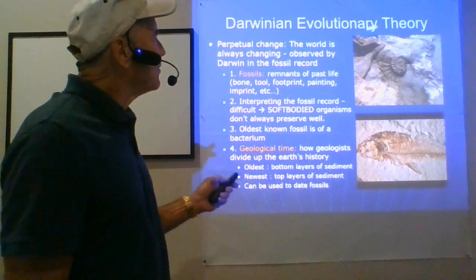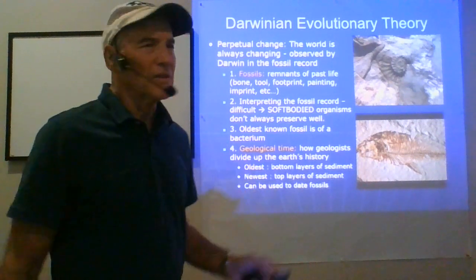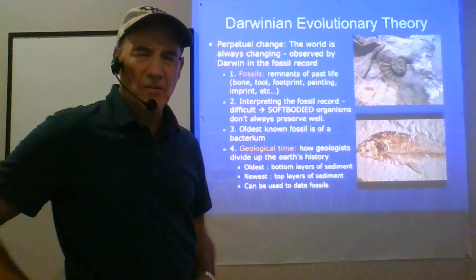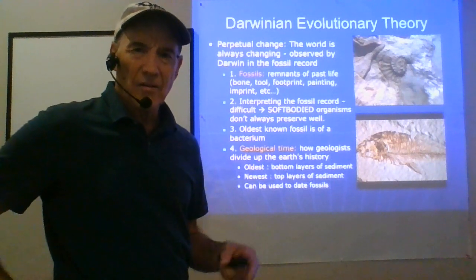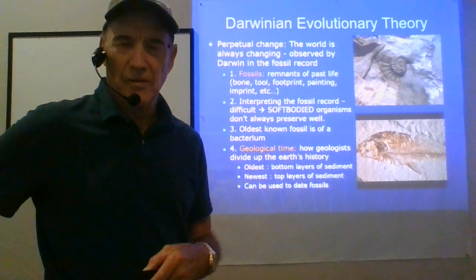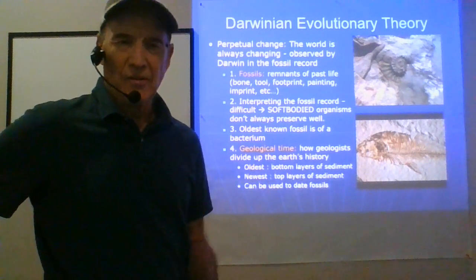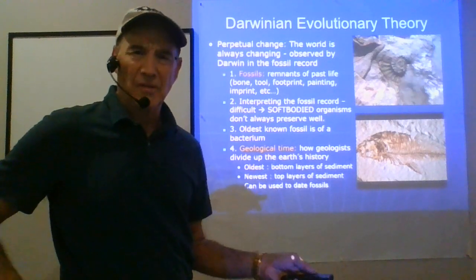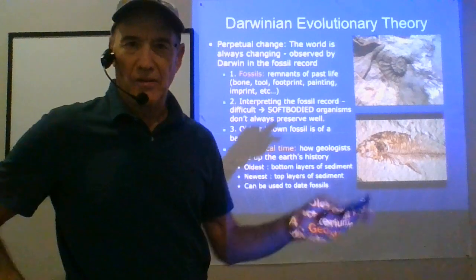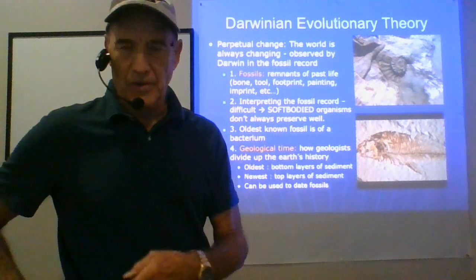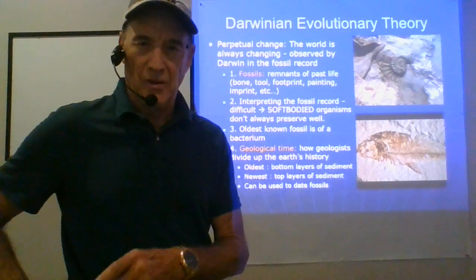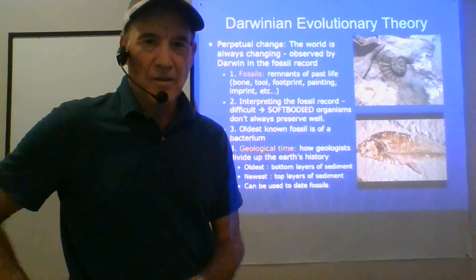He started realizing that a lot of the fossils that he saw were somewhat different from the current organisms that he saw. So he gets fossils of a tortoise, and they're a little bit different from the tortoise that's on the island or on the land.